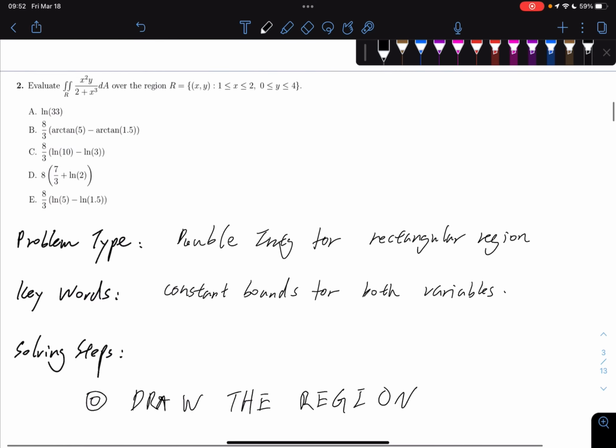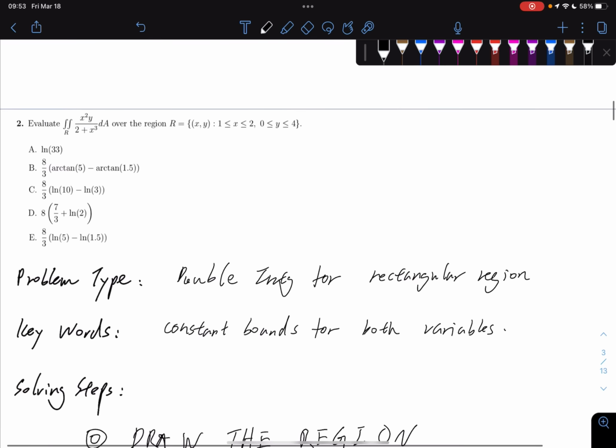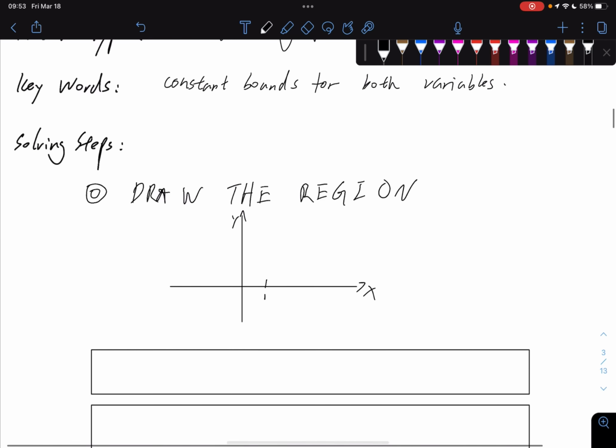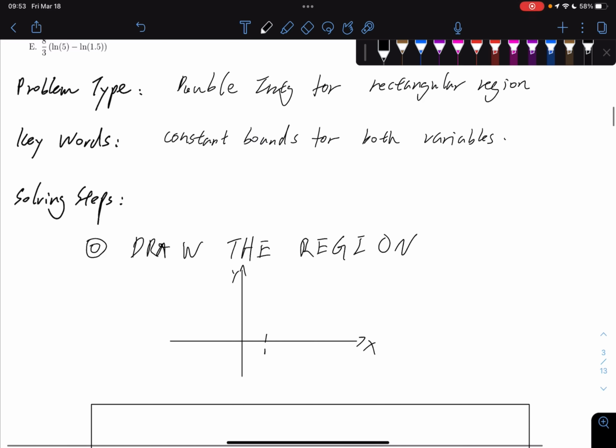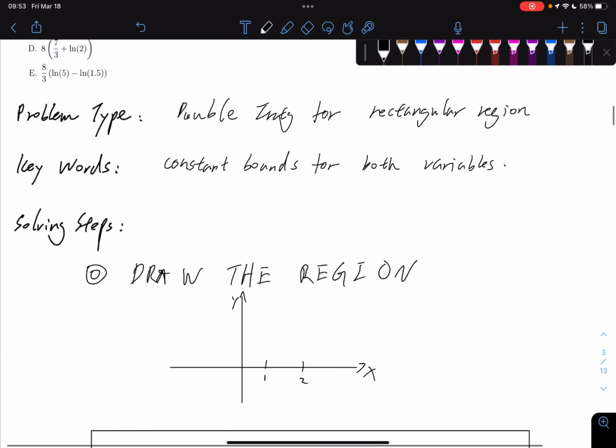So let's start with the x-axis, and this is my y-axis. 1 is right here, and then 2 is right here, and then 0 is right here, and then 4 is right here.